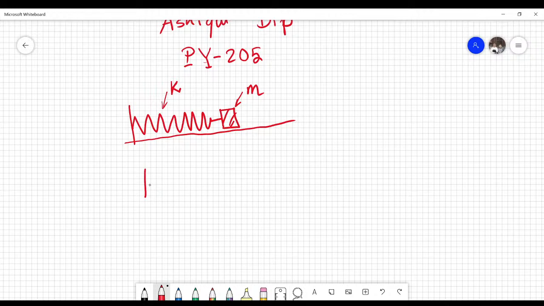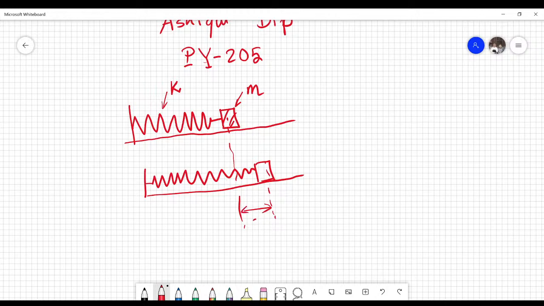Say you extend your spring up to some length, like this would be your initial extension. Let's call it x0, and then you release the system.